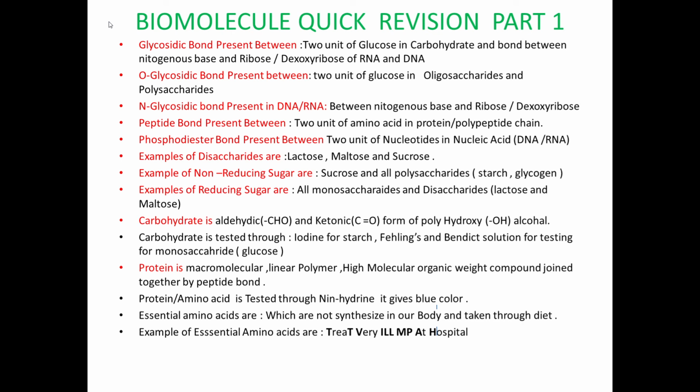So there are 10 essential amino acids. The rest 10 are non-essential amino acids. So in total 20 standard different types of amino acids are present in your body.